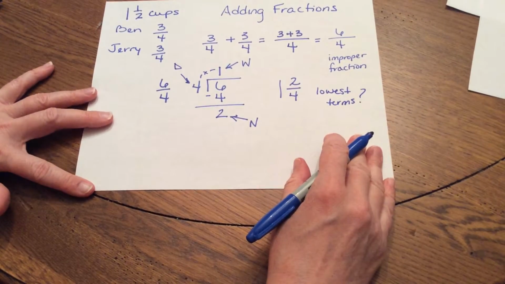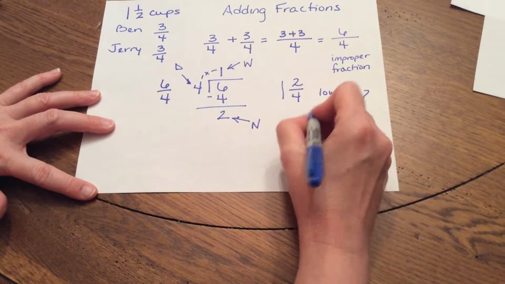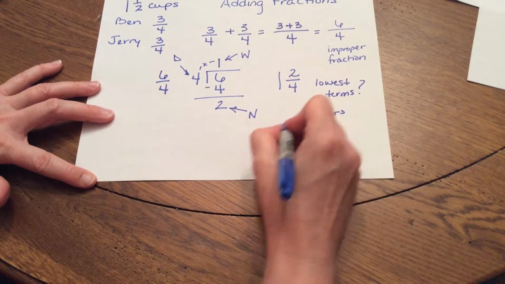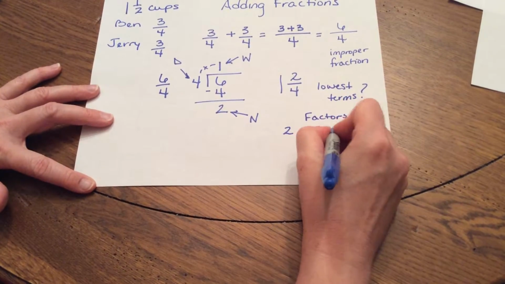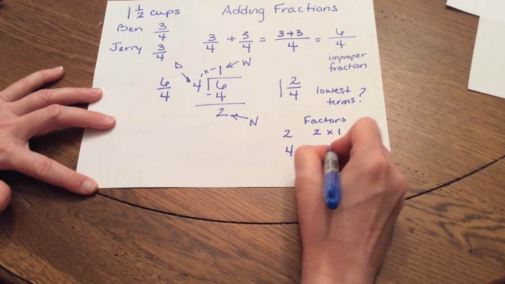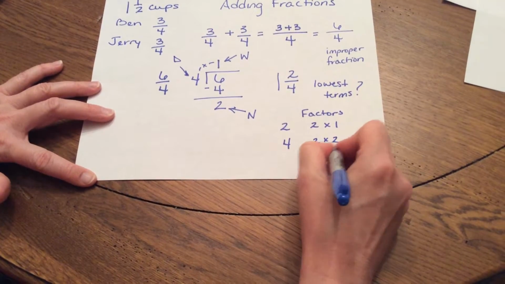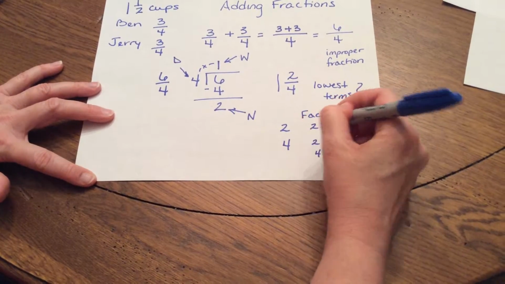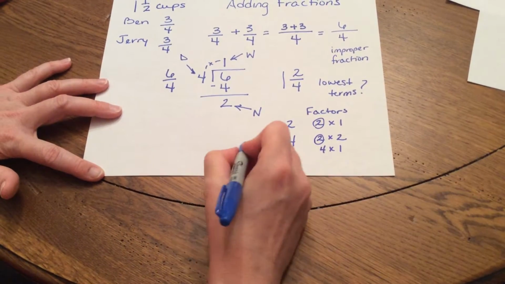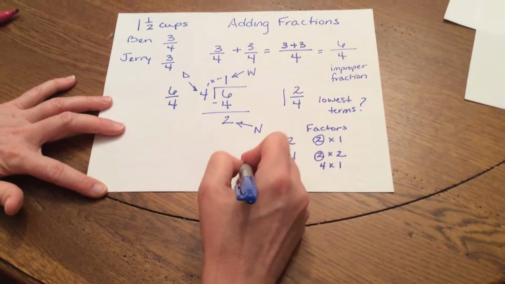To determine if it's in lowest terms, we're going to determine the factors. So the factors for 2 is 2 times 1, and the factors for 4 are 2 times 2 and 4 times 1. So the common factor is 2, so that's going to be our denominator.